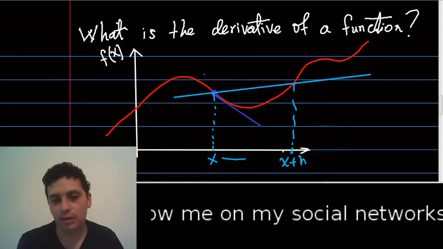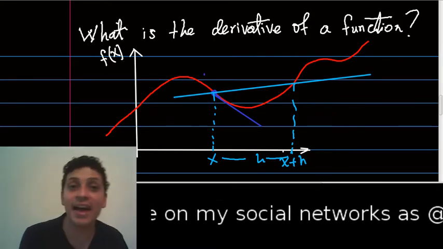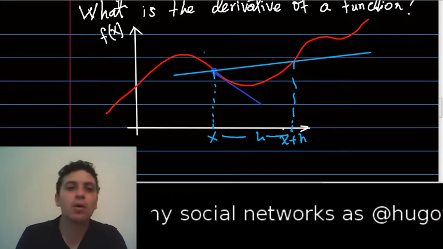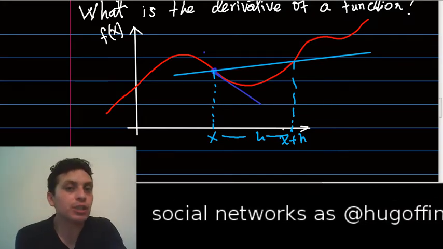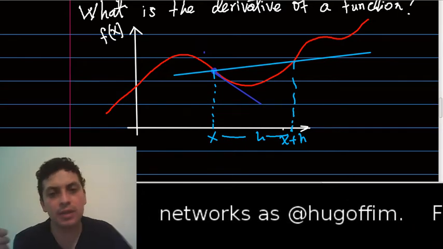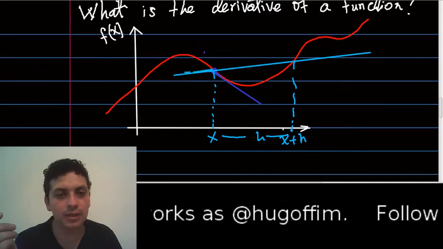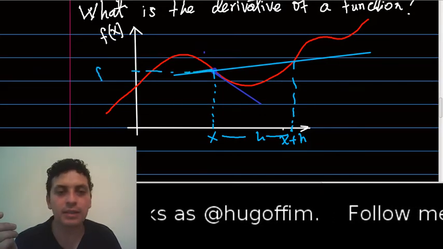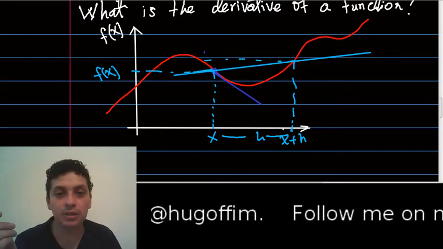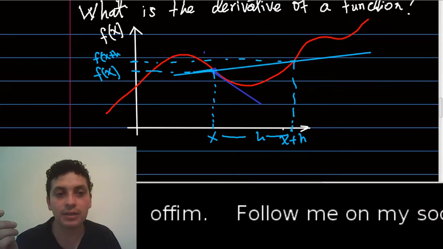So this line spans an interval of h. And the question is, how can we determine the slope of this line, the secant line? When it's x, I can say that the function is f(x), and when it's x plus h, the function is f(x plus h).